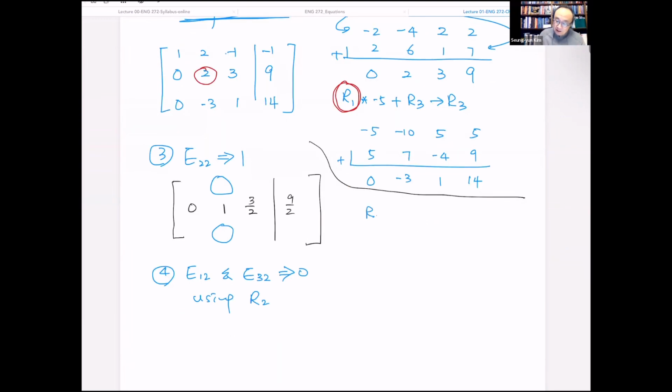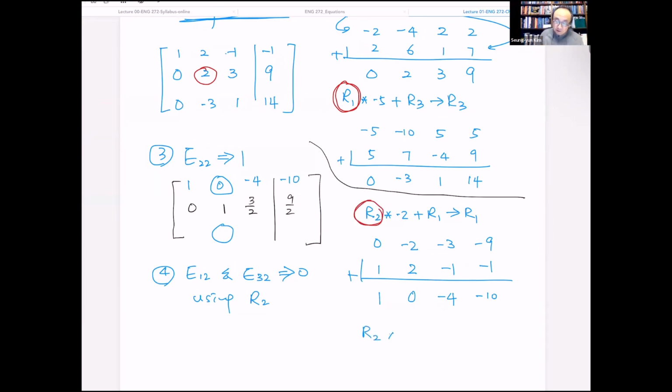We use R2 times -2 plus R1, put it back to R1. 0, -2, -3, -9, and R1, 1, 2, -1, -1, and then add: 1, 0, -4, -10. Then R2 times 3 plus R3, put it back to R3.